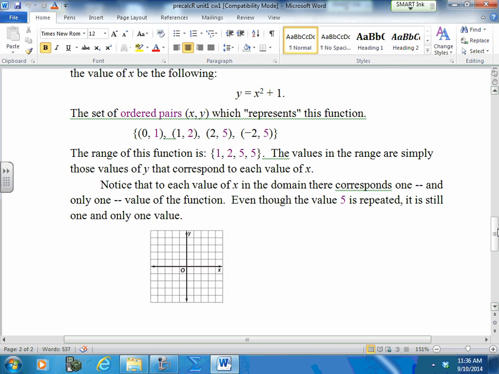So if we took this set of data, let's just plot these points. We have (0, 1), (1, 2), (2, 5), and (-2, 5). And we want to know, is this a function?